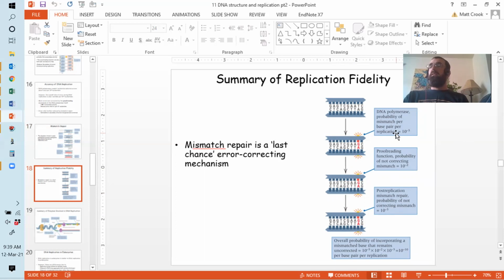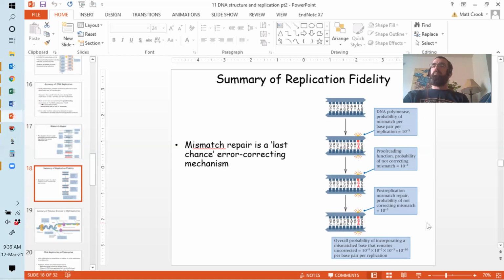Yeah, so that's between 1 in 10,000 and 1 in 100,000. It kind of varies depending on the organism. Then proofreading, built into the DNA polymerase itself, catches another 100-fold improvement in the error rate.